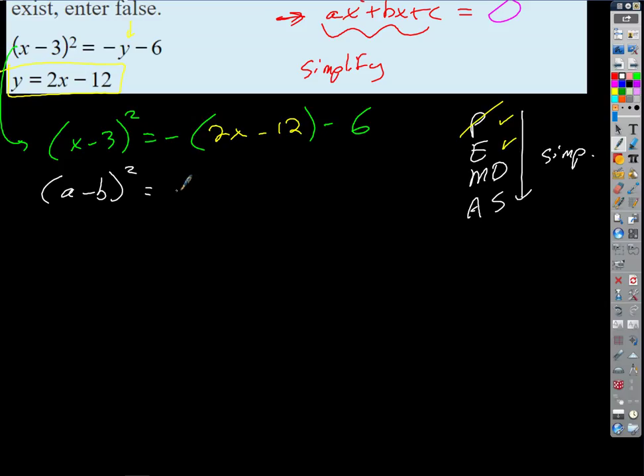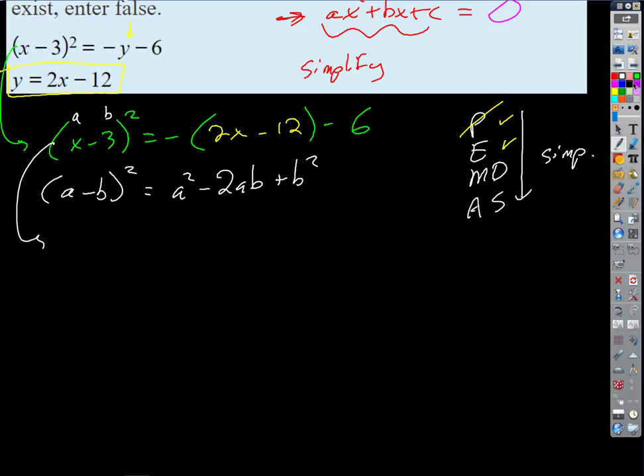That equals A squared minus 2ab, good, plus b squared. That's the pattern we're going to use, right? So our a is an x and our b is a 3, right? And so all this stuff right here just becomes what then?